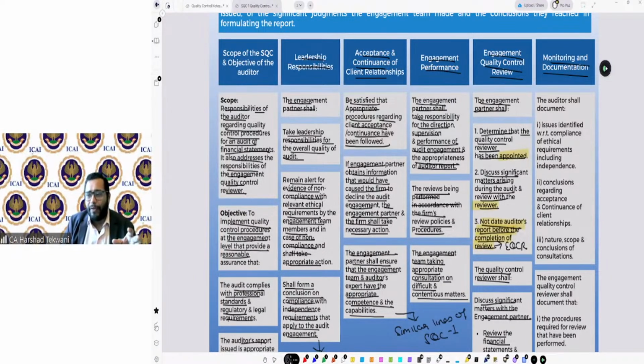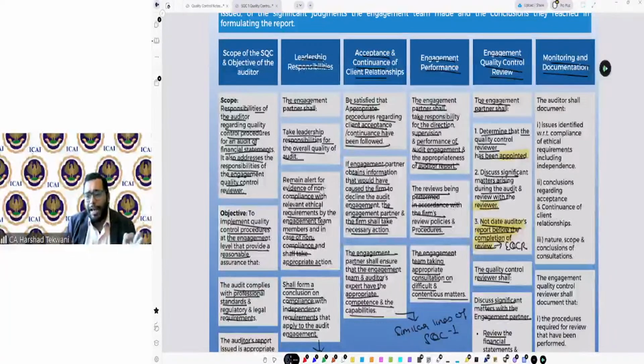So for example, let's say I am the engagement partner. Now I need to consider whether the process that has been set up within the firm is working appropriately, whether it is relevant, adequate, and operating effectively. If I identify deficiencies, then I need to understand how the deficiencies will impact the audit.